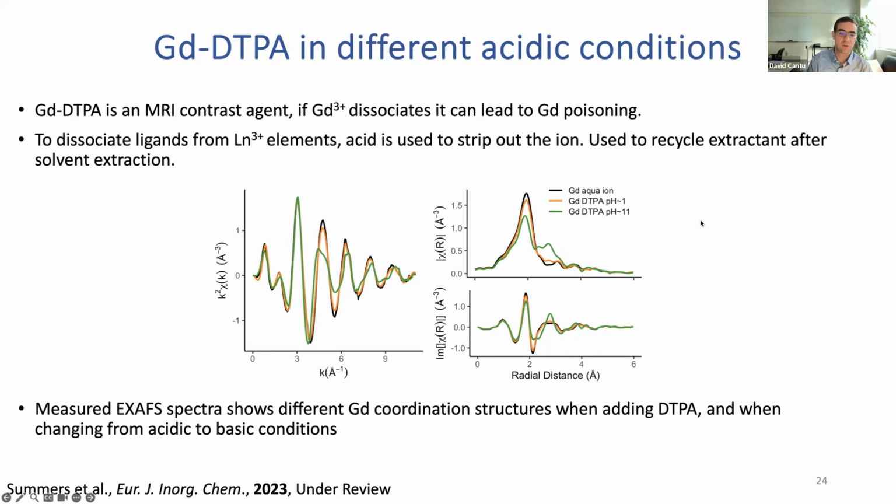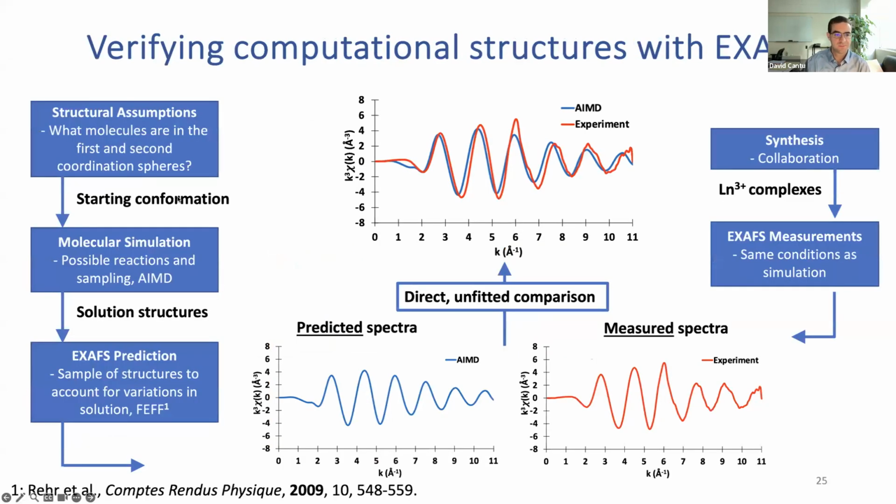So we see changes in the coordination structure when adding the ligand and when changing the acidity. And so we wanted to now look at this complex, and that we have now the experimental EXAFS and compare it. So the experiment would be this.